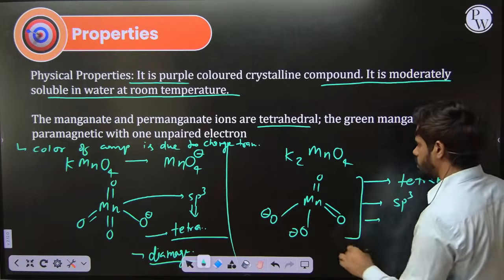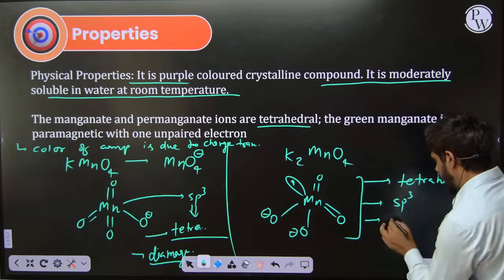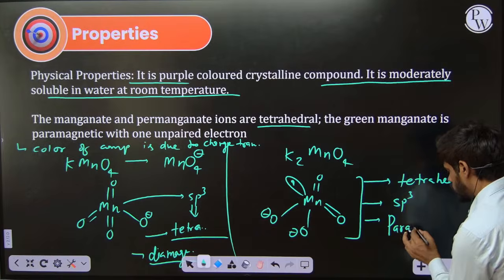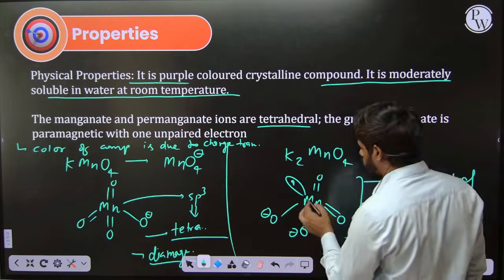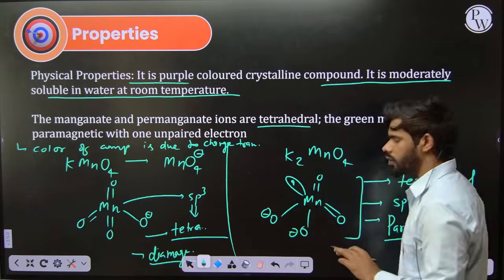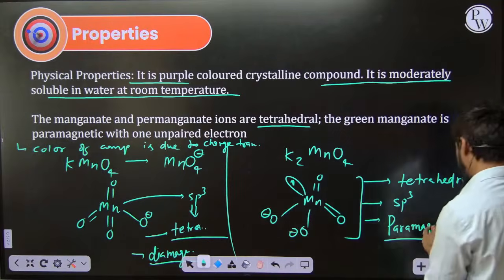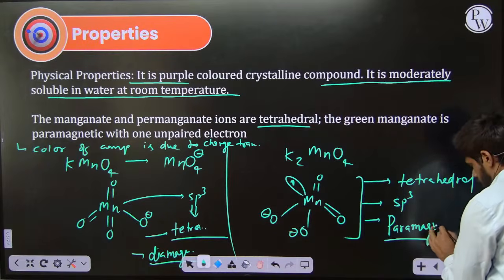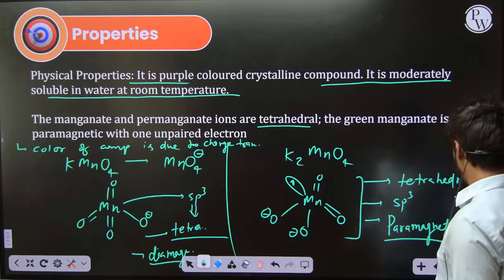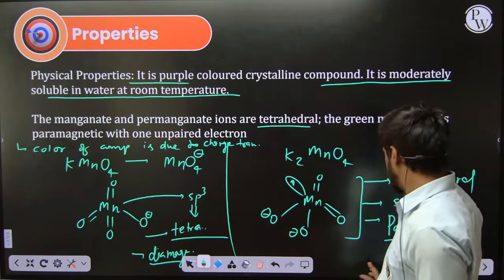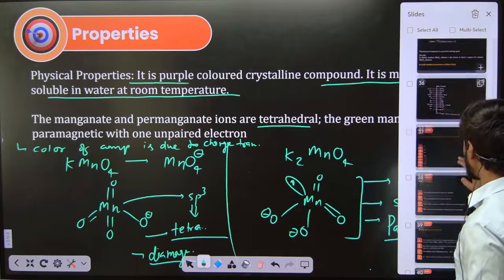Third, it has 1 electron free, which makes it paramagnetic. As we know, 7 electrons are there. Out of 7 electrons, only 6 electrons are used, so 1 electron will be free, and paramagnetic nature will be there. So in case of both compounds, potassium permanganate and manganate, these are the properties.